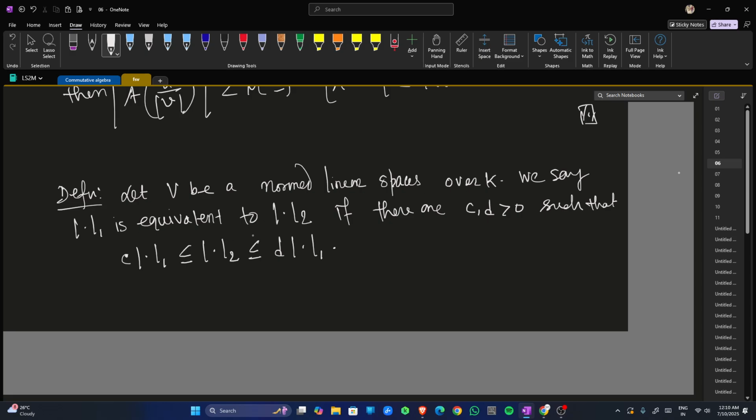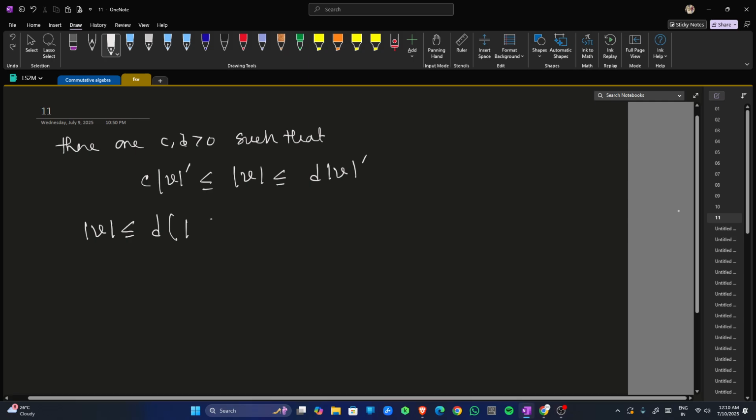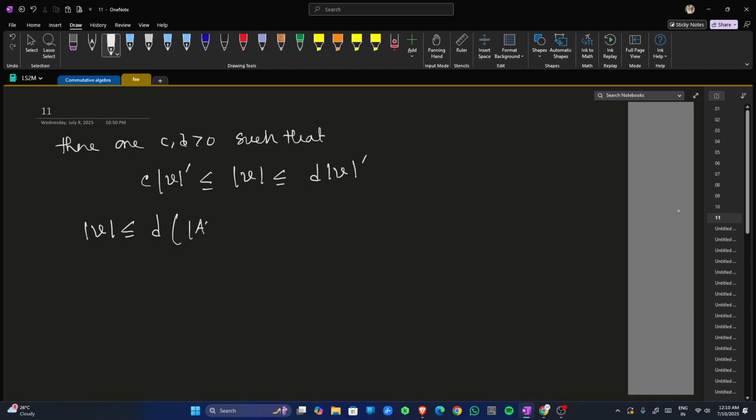Okay, let's try this side. What is the norm v dash? It is the norm of Av plus the norm of v.